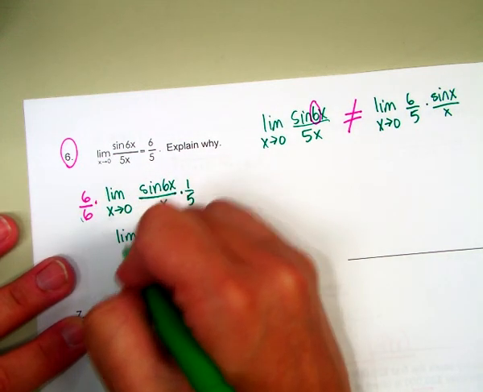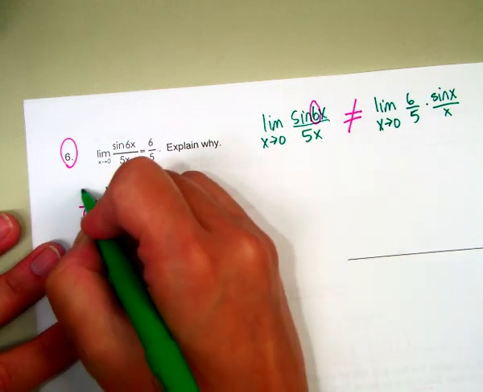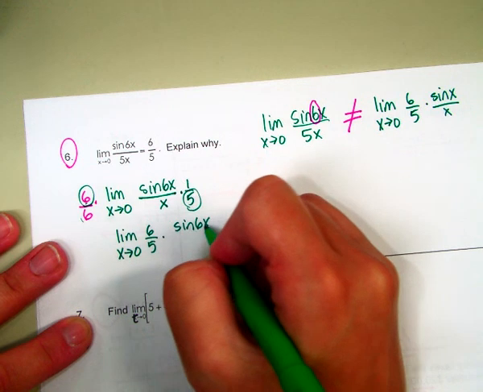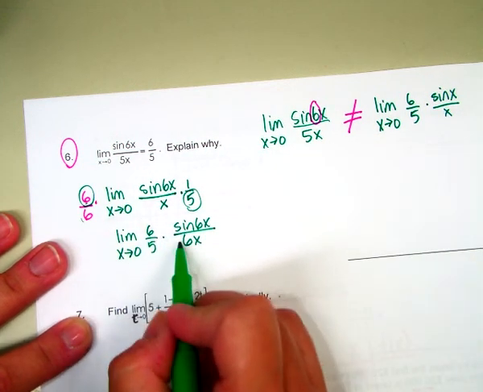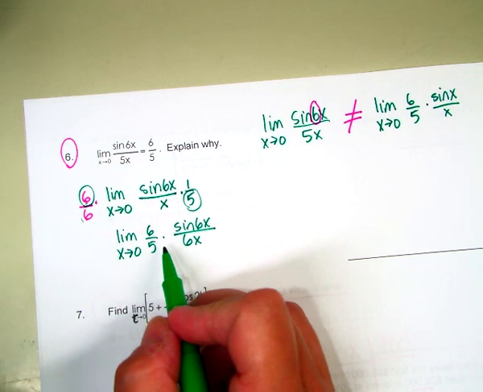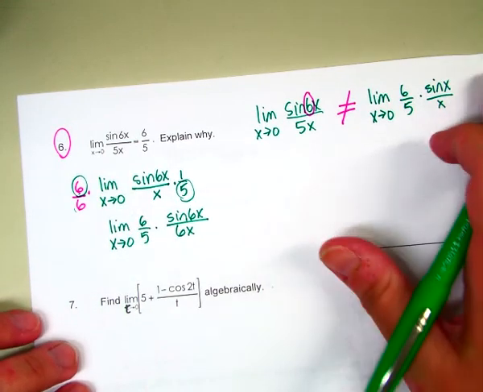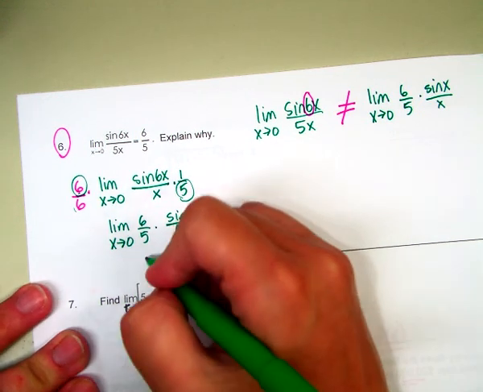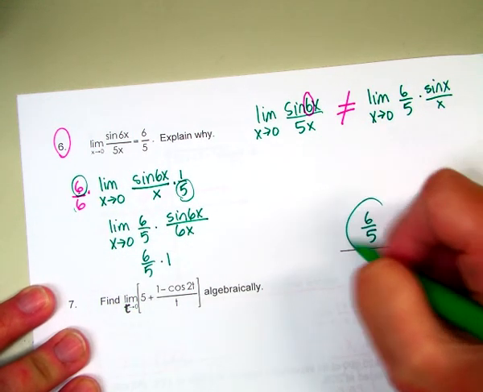So an equivalent version of this would be to write 6/5, combining this 6 and that 5, times sine of 6x over 6x, right? So I've taken that 6/6, which is of course equivalent to 1, and then I've just reorganized it in a way that's going to help it make more sense. So then I would take the limits individually so you can show that work, and you would essentially have 6/5 times 1, and that is why the limit is 6/5.